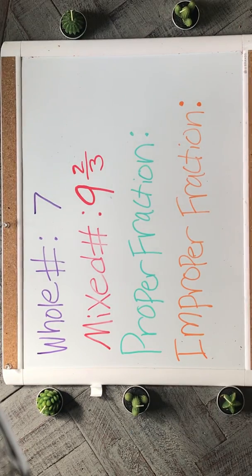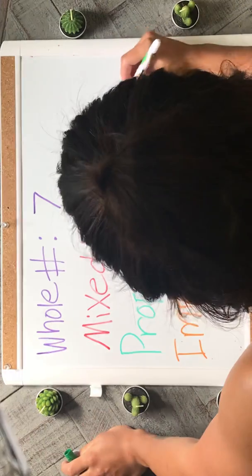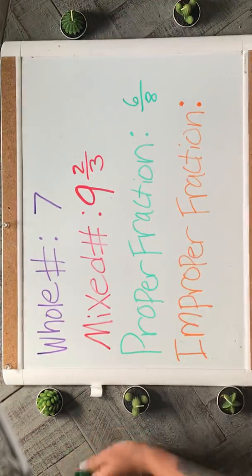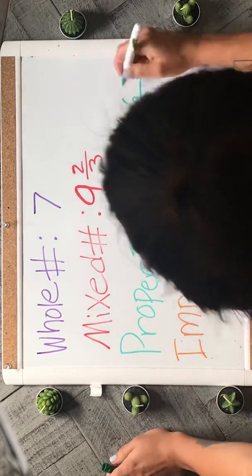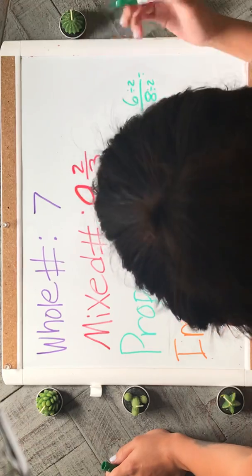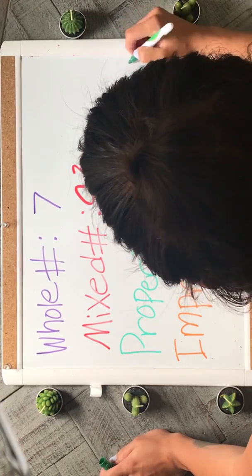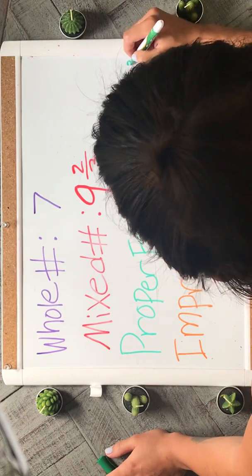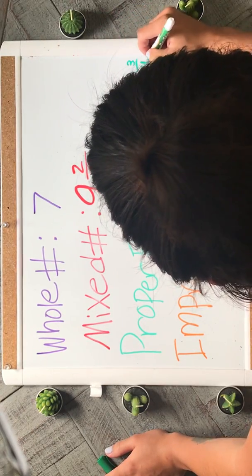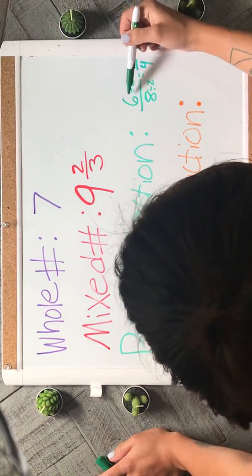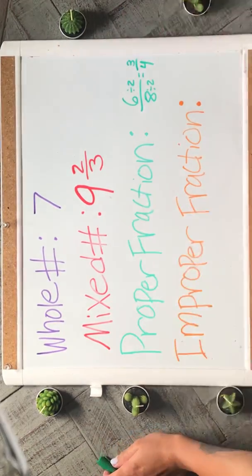Now, another proper fraction would be 6/8. This could be simplified, of course. And just quickly, let's simplify this. And we'll actually go over a whole separate video on simplifying and reducing, but let's see. Okay, so the simplified version or the reduced version of 6/8 would be 3/4.